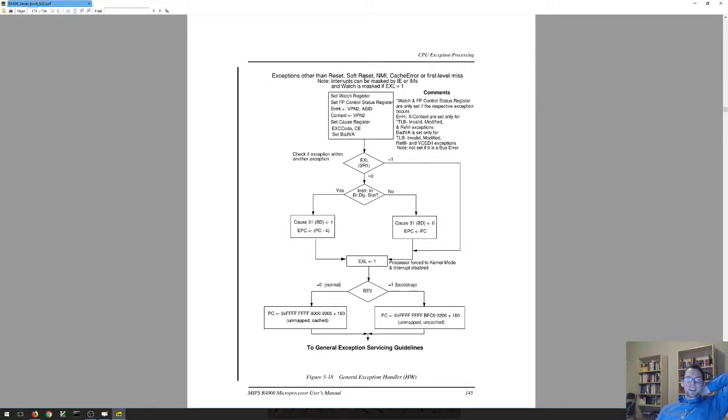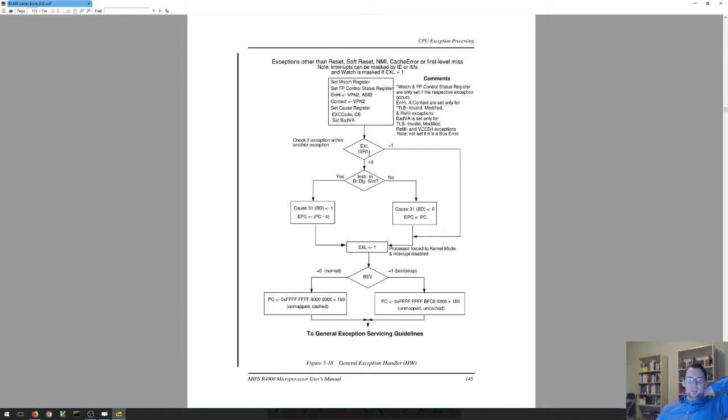Exceptions other than reset, soft reset, NMIs (non-maskable interrupt), cache error, which is like an ECC error, or first level miss. There's this whole flowchart. Set watch register, set floating point control status register. This is something to do with the context registers for TLB invalid and refill. Context, set cause register, exception code, set bad virtual address.